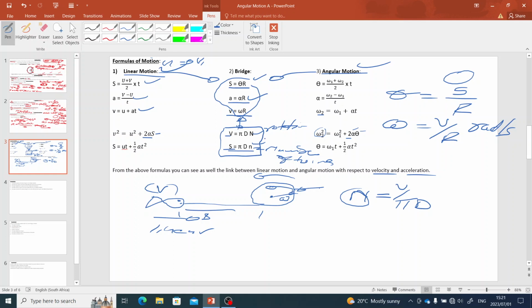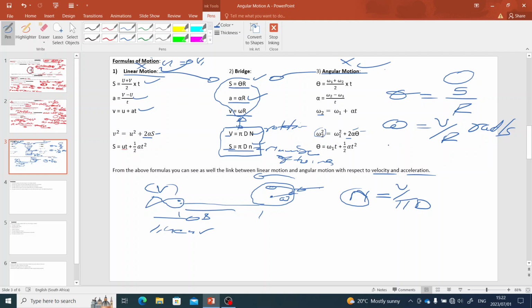Now, these are the formulas that we'll be working with under our angular motion. Now, the formulas of angular motion, good people, they are exactly the same as the formulas of linear motion. The difference is the symbols, how we write them. That's where the difference is, but it is the same concept, same formulas.